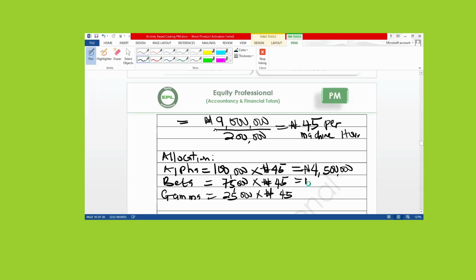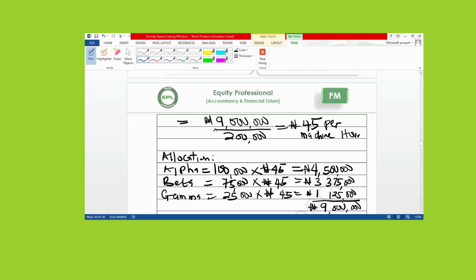The next, 3,375,000. The last one, 1,125,000. If you sum up these three, you must have 9 million naira, the total for machine.